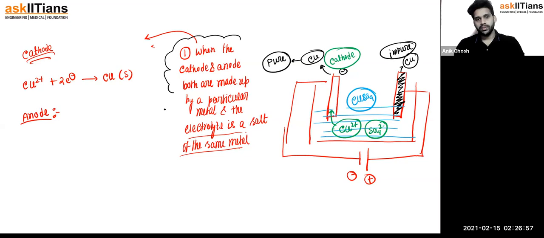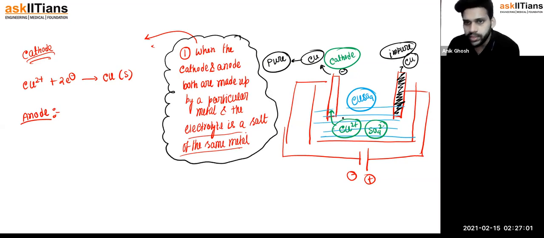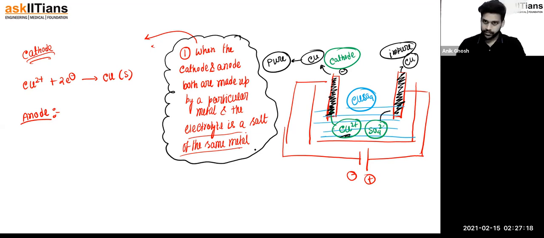Just remember this, okay? So you can see the cathode and the anode are both made up of the same thing, and the solution is also of copper, right? So in this situation, in the anode, this part is the most important. You might be thinking that in the anode SO4 would be going there, right?